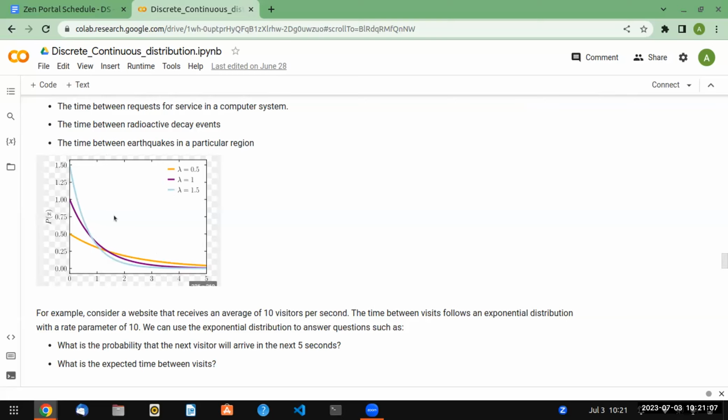We'll come to how this is done and which real-life data follows exponential, but the difference is, if we plot x and y, it will look like this. So whenever you see your data looking like this, you can immediately say this data is following exponential distribution.